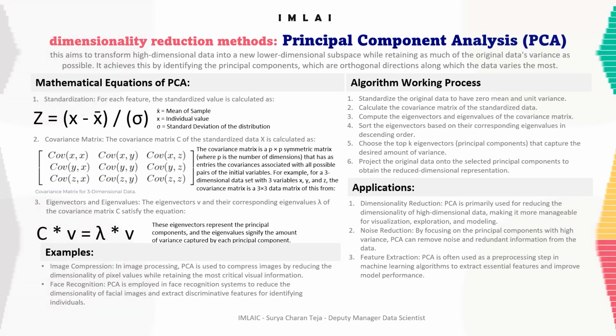In genomics, PCA is used to analyze gene expression data and identify patterns or clusters of genes related to specific conditions or diseases. And finance. In finance, PCA can be used for portfolio optimization and risk management by identifying uncorrelated principal components representing different asset classes.